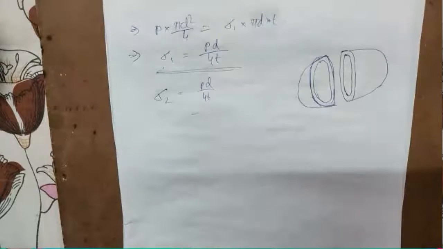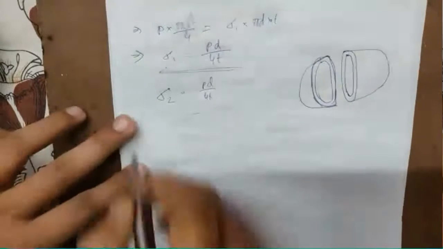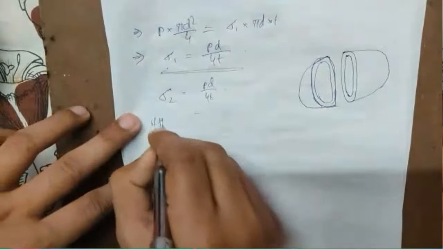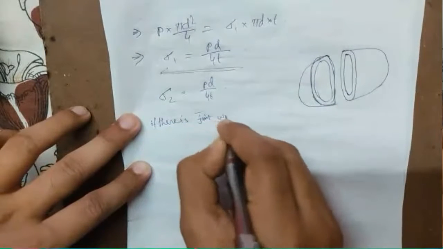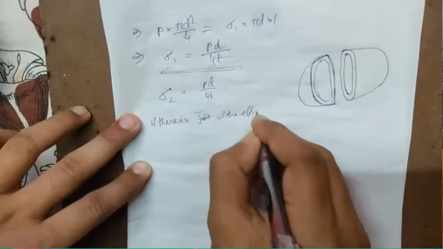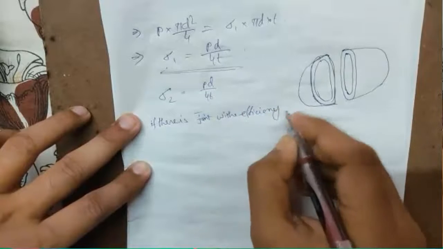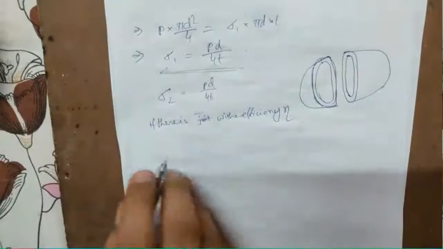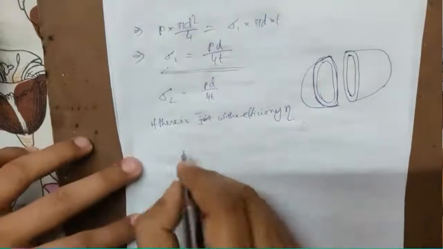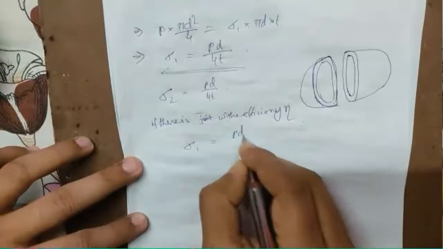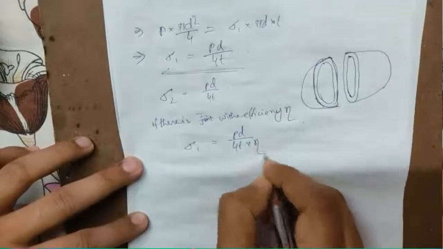So in case of cylindrical vessels, only one formula is to be remembered. And if there is any joint with efficiency eta, then the stress will be found out by the formula Pd by 4t into eta.